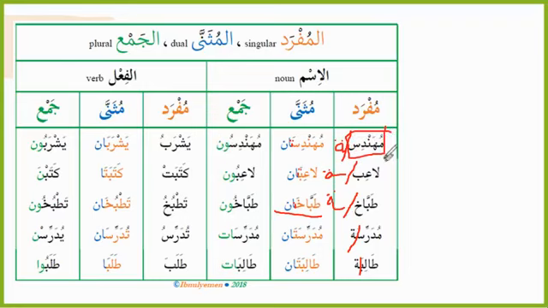Muhandis, muhandisun. We're just adding the un. So Muslim, muslimun, if we give Muslim as the example here. All you're adding is that un. That would make it the plural.